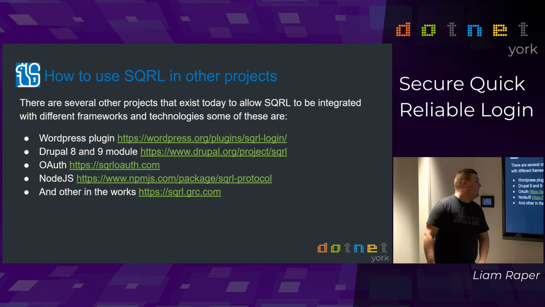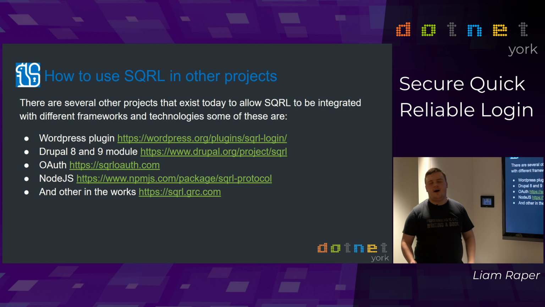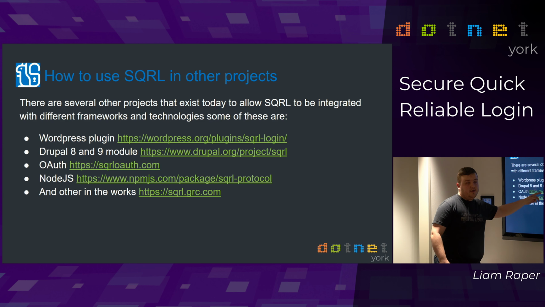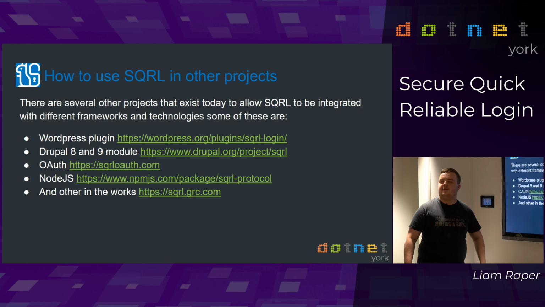Drupal 8 support is there, and 9 is coming. It's a module. I don't know much about Drupal. You can include it. There's also an OAuth site, which actually uses the .NET Core package that I've created underneath the hood, but allows you to integrate OAuth.